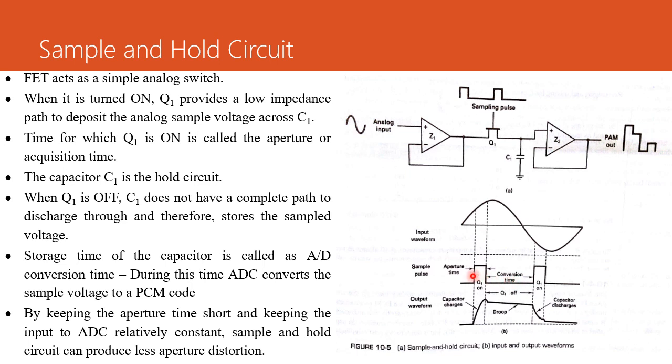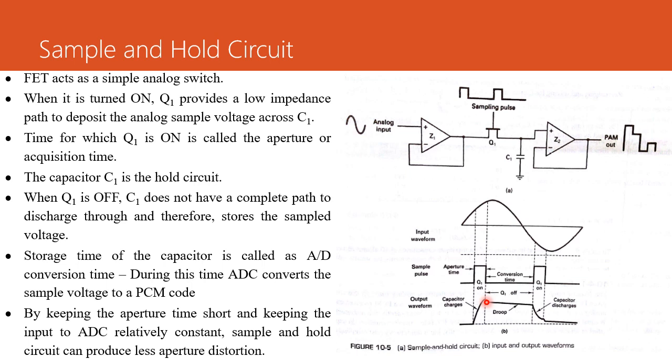When your sample pulse is high, the capacitor will start to charge and finally it will reach a maximum value. When your sample pulse goes to a low value, the capacitor doesn't get a path to discharge, so it will retain or store that value.